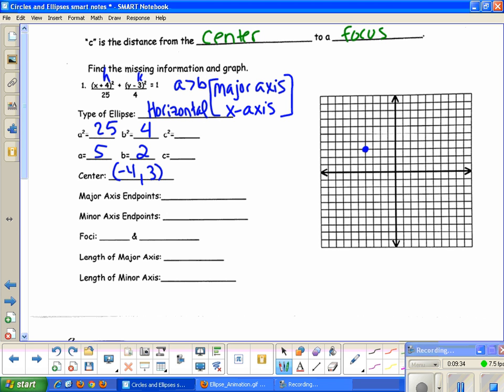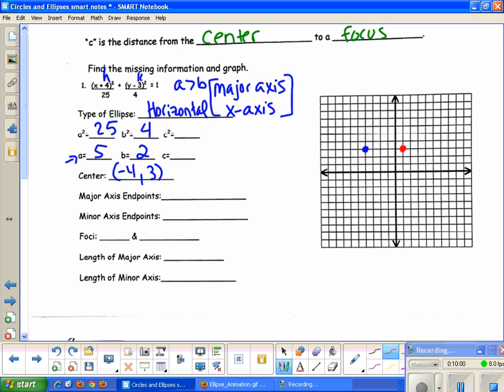Now, the next thing you want to do is you're going to count the distance of A and B on your graph from your center. Now, how do you know which direction you're going? A is over x, so you're going to go 5 to the right and 5 to the left from your center. So from the center to the right, 1, 2, 3, 4, 5 would be right here.